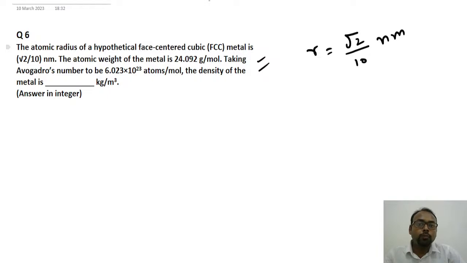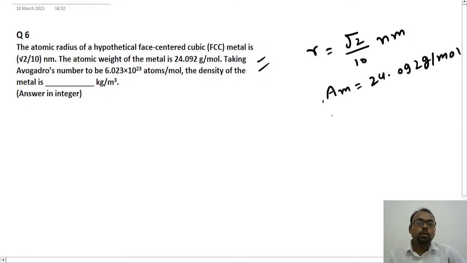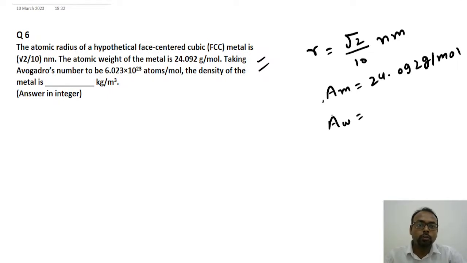The atomic weight of the metal, represented by A_m, is 24.092 gram per mole.